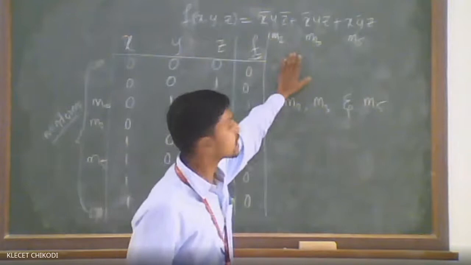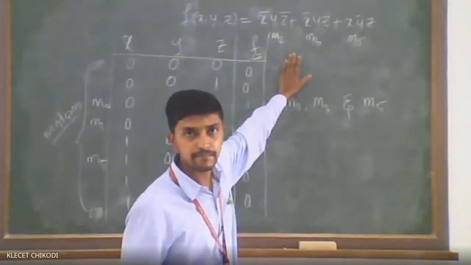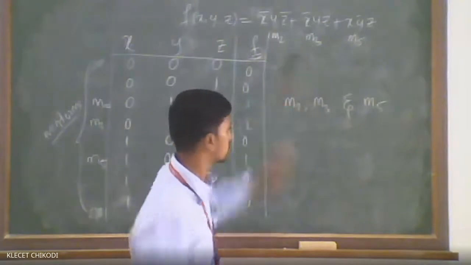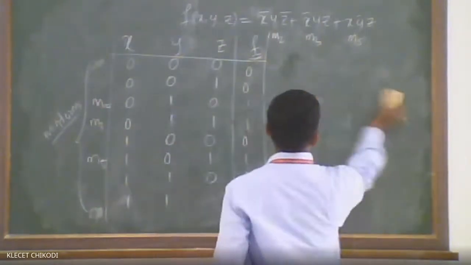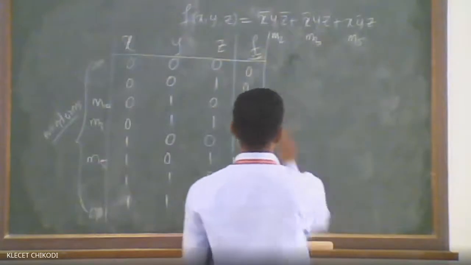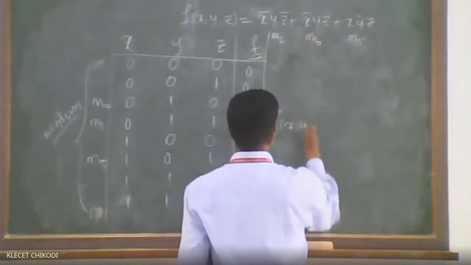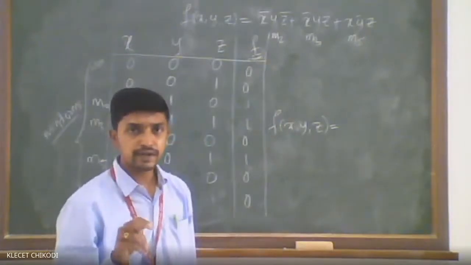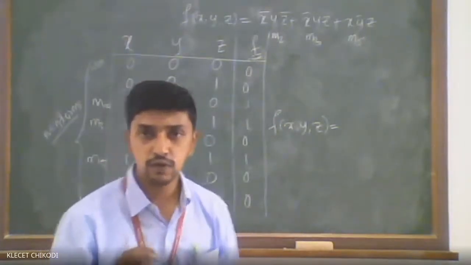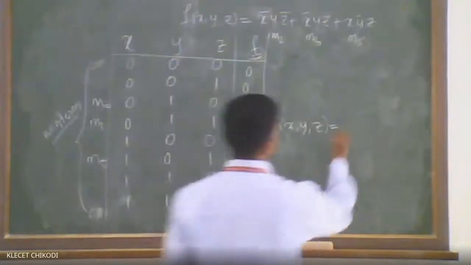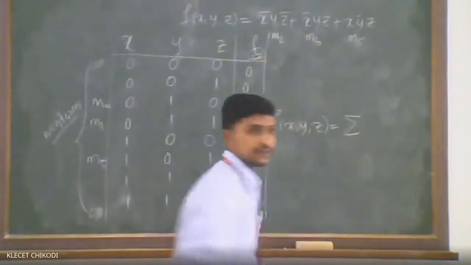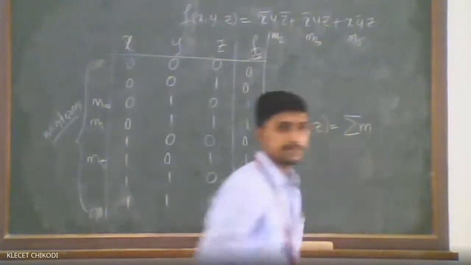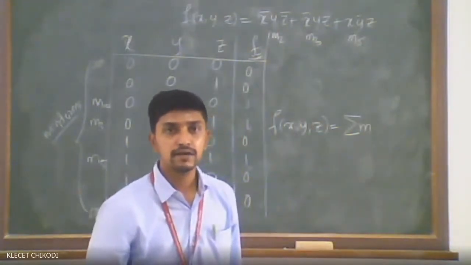Now, you have to write this in the canonical form. You have to write this in the canonical min term function. So, how to write that? It will be function of x, y, z is equal to, for min term or canonical function, we have to use the sigma notation. We have to use the sigma notation, and we have to write small m for the min term.